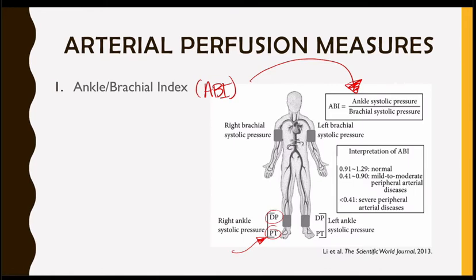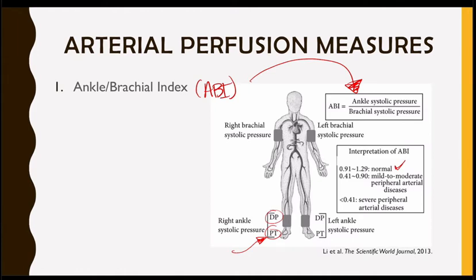If there is atherosclerosis blocking blood flow to the lower extremity, that will reduce the downstream systolic pressure. So as you can see here, and you don't have to memorize normal, but 0.9 to 1.3 is considered normal. Kind of in that range where they're pretty close and maybe the ankle's a little higher.